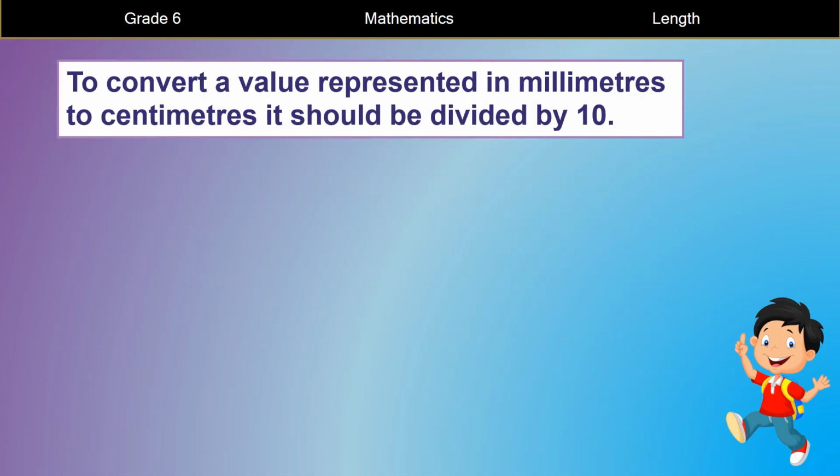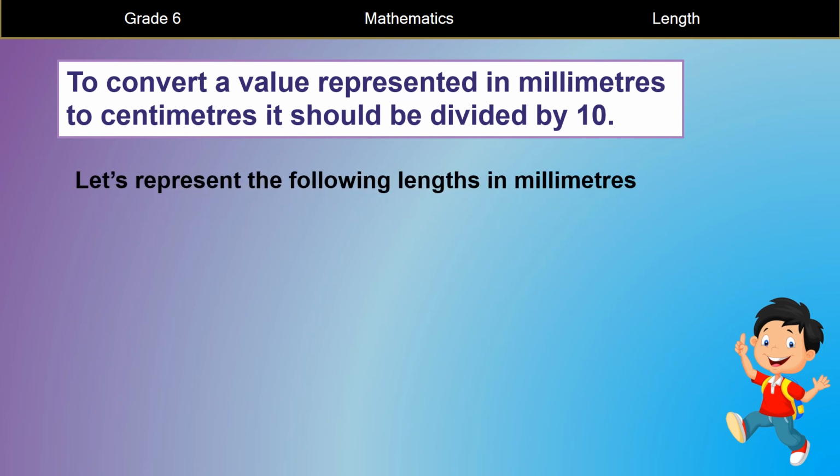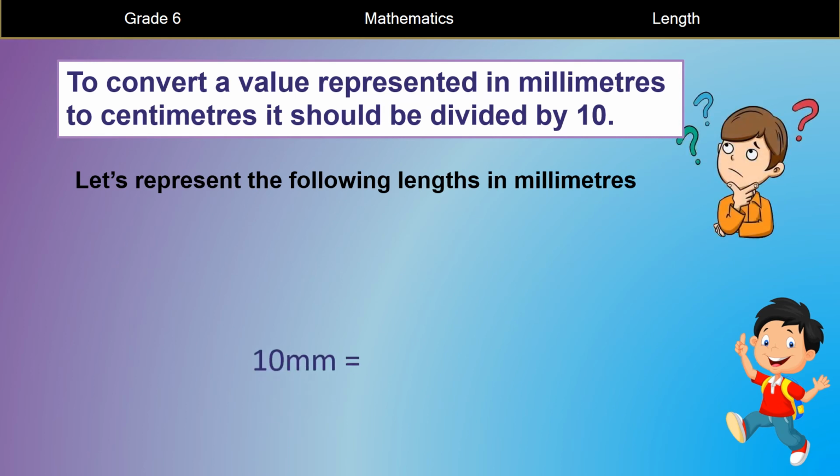And then we know that to convert a value represented in millimeters to centimeters, it should be divided by 10. Using this, let's represent the following lengths in centimeters. 10 millimeters.